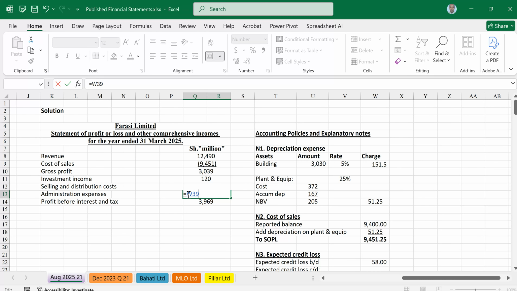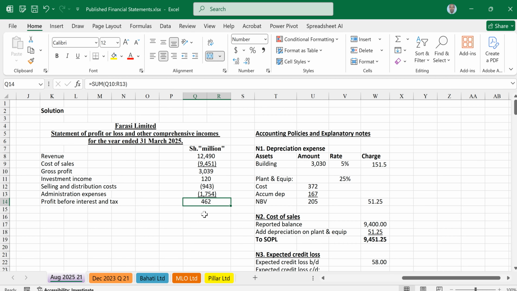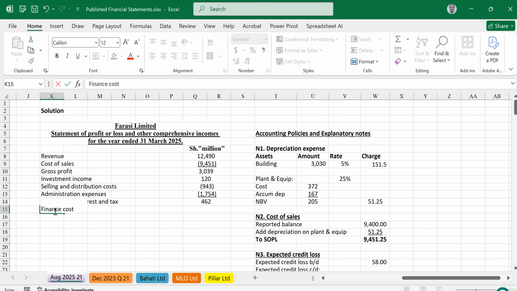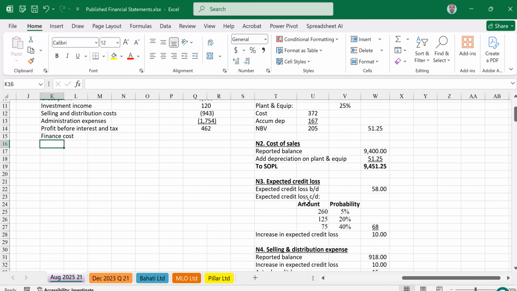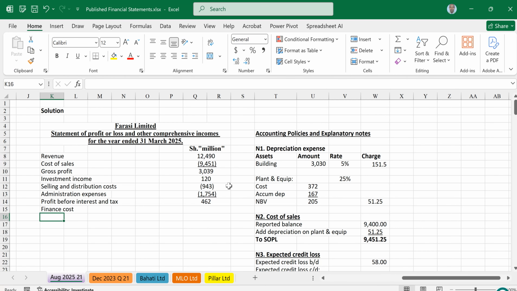So this is equal sign negative finance cost. Now remember, the investment income is a positive. The selling and distribution negative, admin expenses negative.